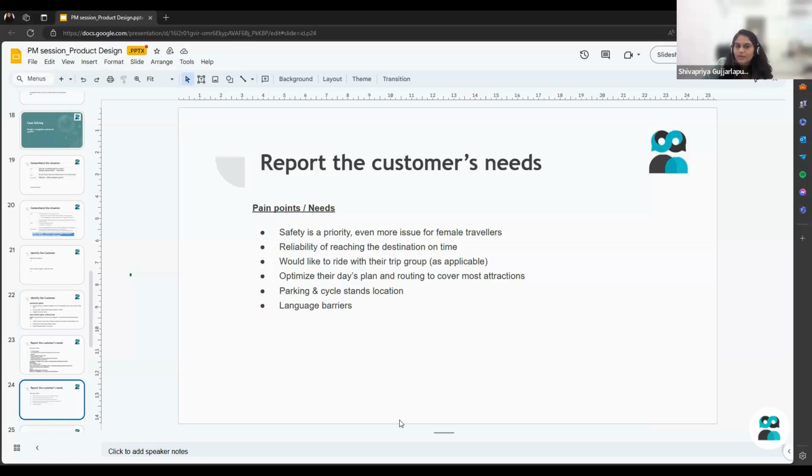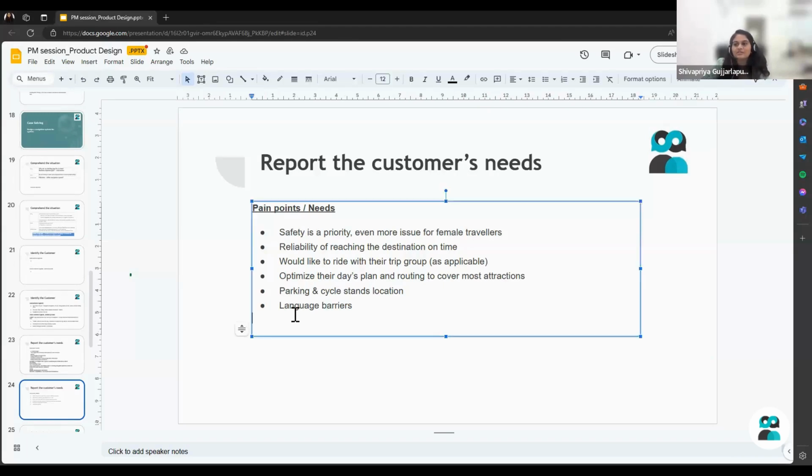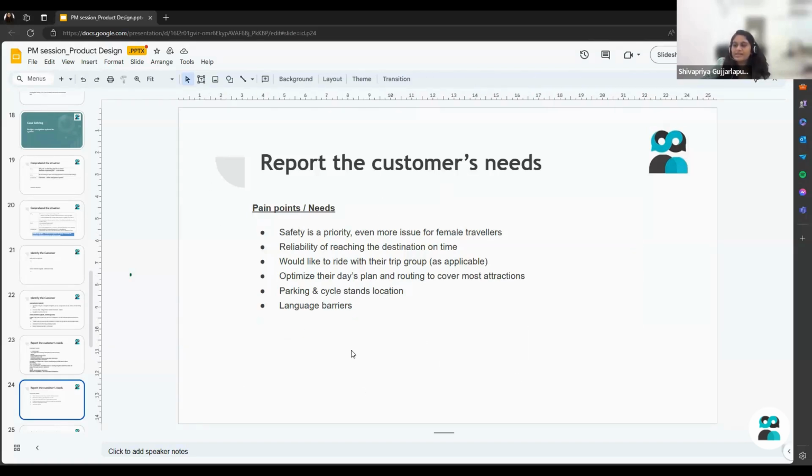They might want to ride with their set of friends and optimize their day's plan to cover the most number of attractions, because they're spending a lot to come all the way, so they would want to spend time there covering most of the things. Parking, someone already covered. Cycle stands, location, and language barriers, especially in a country like Spain. So these are the pain points I could come up with.